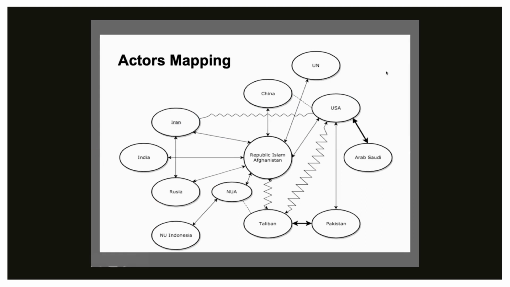We can see that the US and Taliban are in conflict. Also the government with the Taliban. But the Taliban have a strong relationship with Pakistan. The US has a strong relationship with Saudi Arabia. But the UN is just a tactical alliance.